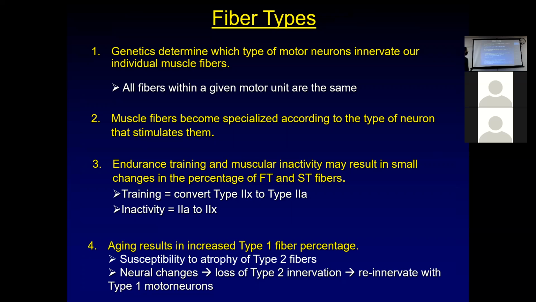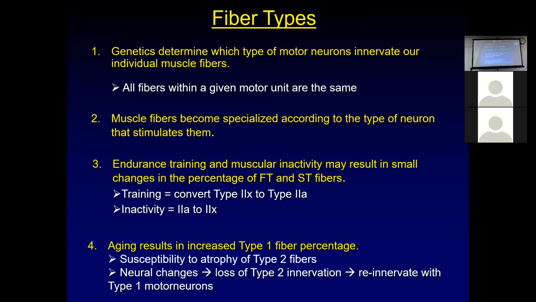Okay. We talked about how endurance training may, in some ways, shift 2X fibers to be 2A fibers. To be honest, it's not just endurance training. Any kind of muscle contractions, resistance training, endurance training, just simply being active, the body does not like to have type 2X fibers.